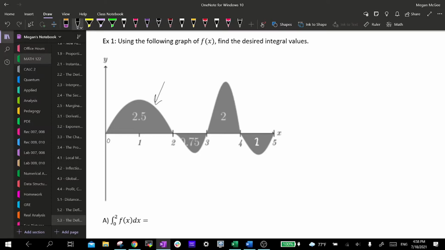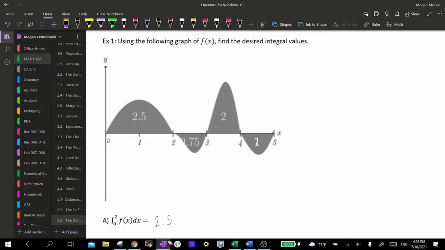So we are above the x-axis, so we know we are going to be positive. And all of the area values are labeled for us here. So we're not doing any calculations really. We're just identifying. Okay? So then our area is 2.5, whatever area units we're using. Okay?